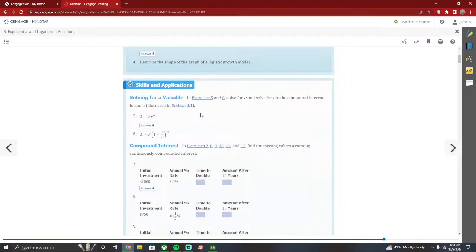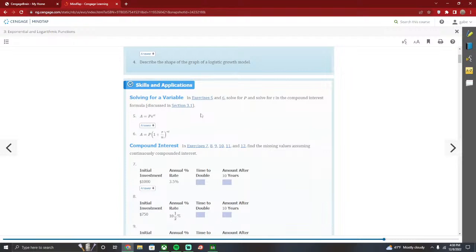So that would be, I'm going to do ln, because why not? ln A equals ln P plus ln E to the RT, which is going to be RT, because ln E is just 1, because that's log base E, which is always 1.